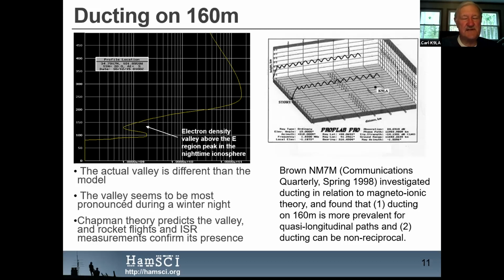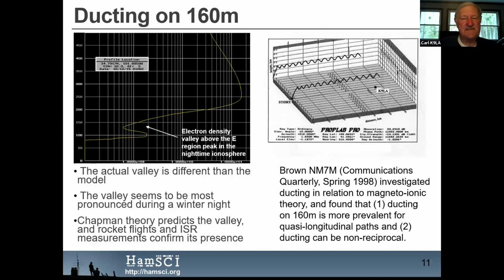This ray trace is from Sudan to K9LA, and you can see the ray gets into that valley and ducts. What that does is it avoids transits through the D region, the absorbing region. It avoids ground reflection losses. The only issue is how does it come out of the duct? More than likely it's due to irregularities in the F2 region or the E region, and that's how it gets dumped out of the duct.